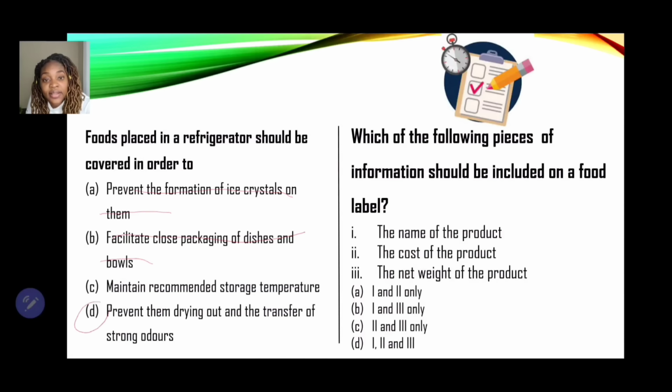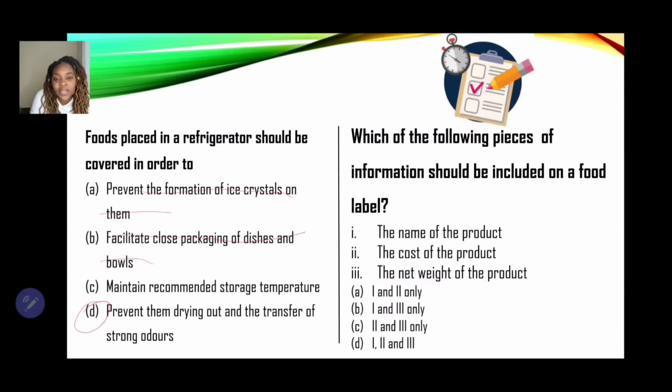Would be D. So we cover food to prevent them from drying out, because we know that air helps to deteriorate products. And when products are exposed to air, they lose moisture, and they can spoil easily.